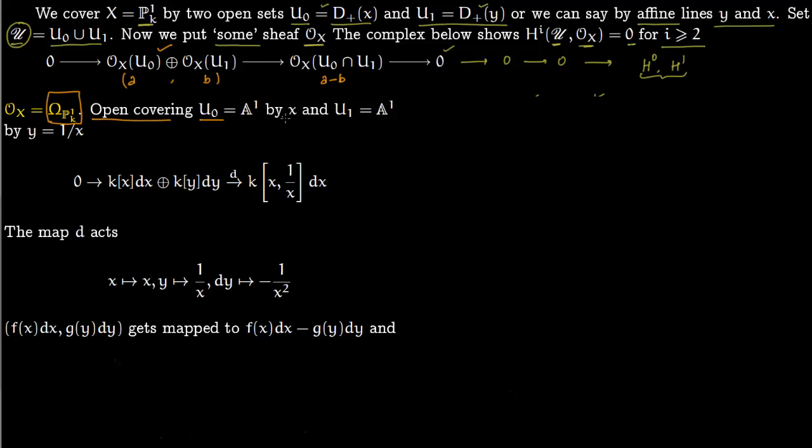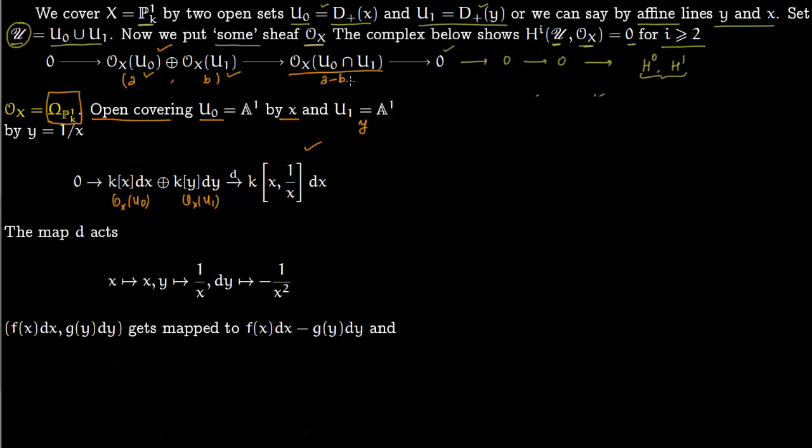U0, the affine line, is covered by x, U1 is covered by y, and you have this transition function. If you consider P1 as a manifold, you have the transition function y equals 1 by x. So this is how your sheaf would look. This corresponds to the 0 part, this corresponds to the 1 part. So this is your O_X of U0, say O_X of U1, and this is your intersection part right here.